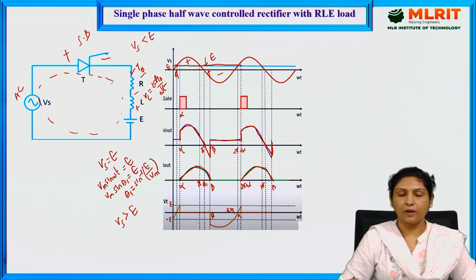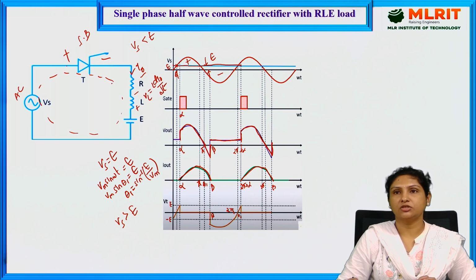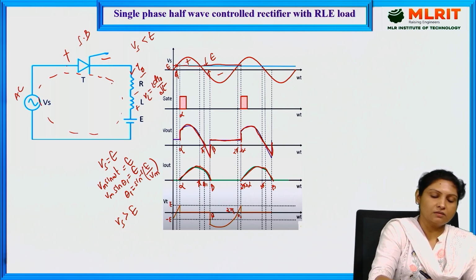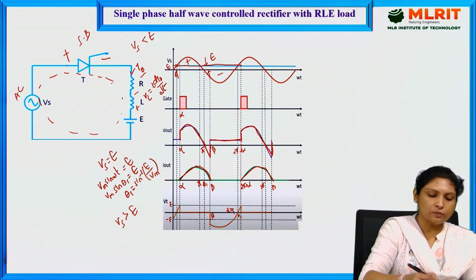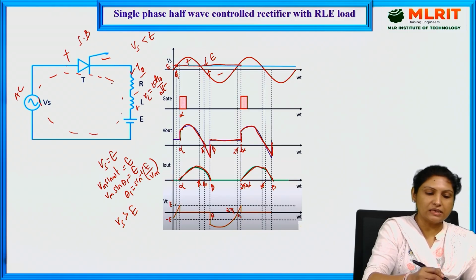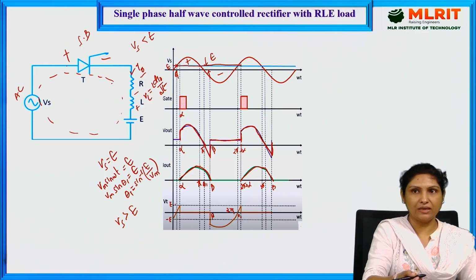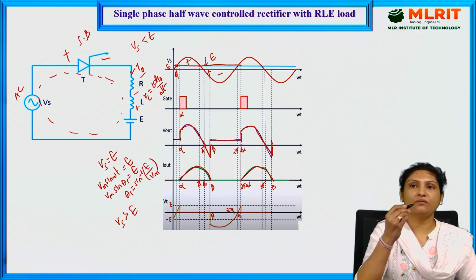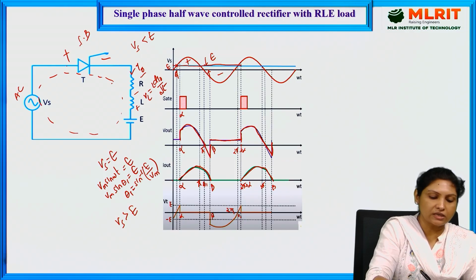Now coming to the voltage waveform across the thyristor, the thyristor will not be turned on until Vs is greater than E, and at the same time, the moment we provide the triggering pulse, only then the thyristor will be on.